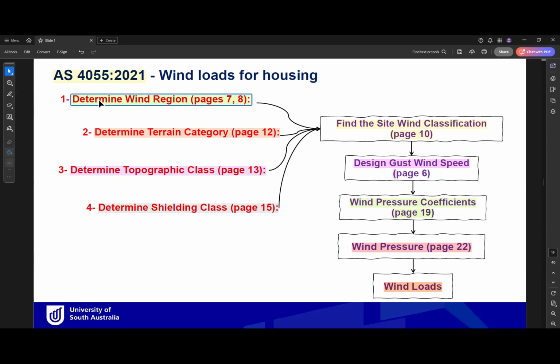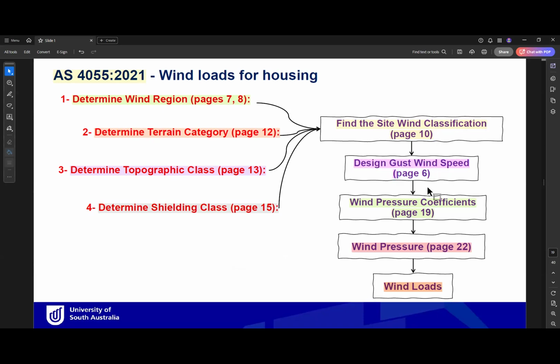The first step is to determine the wind regions and then determine the terrain category, determine the topographic class, and determine the shielding class. All these steps are just to find the site wind classification on page 10. Using the site wind classification, you will go to table 2.2 to find the gusted wind speed.